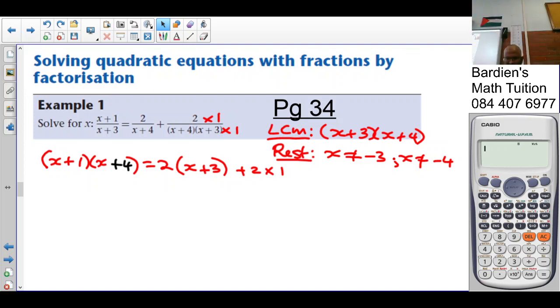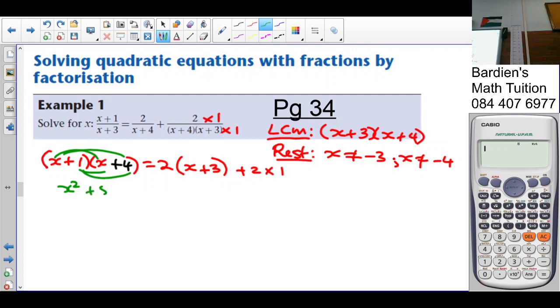So at this point we are finished. You multiply this out, get rid of the brackets. So x times x, x squared, x times 4 is 4x, plus 1x is 5x, plus 4 equals 2x plus 6 plus 2.